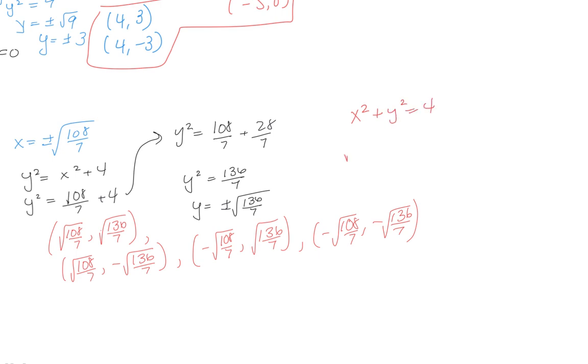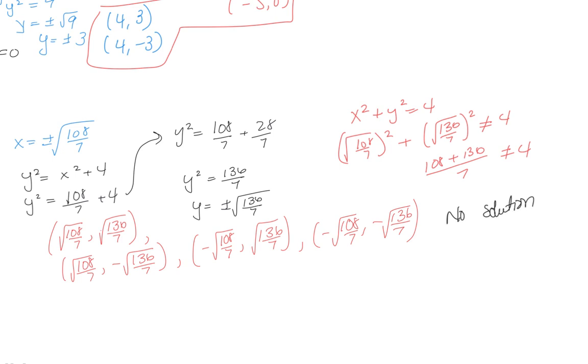So I'm going to put in one of the square root of 108 over 7, the quantity squared, and one of the y's, square root of 136 over 7, the quantity squared. This does not equal 4, because 108 plus 136 all over 7 is not going to equal 4. So algebraically, we can find solutions, but these are ones that we do need to check. So this is no solution.